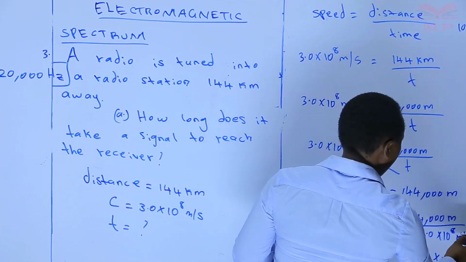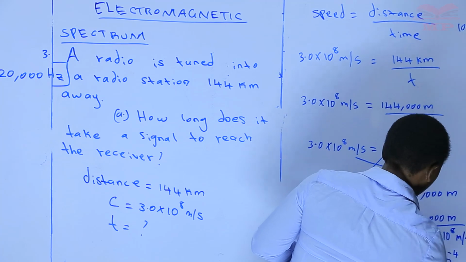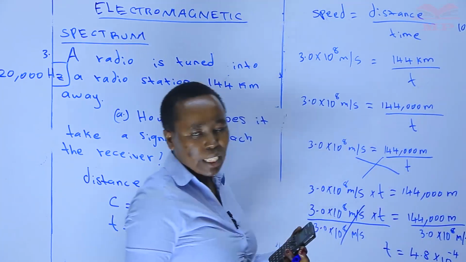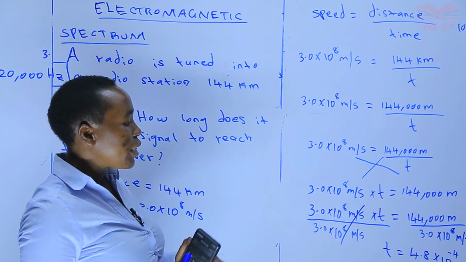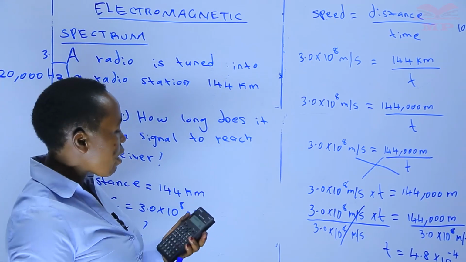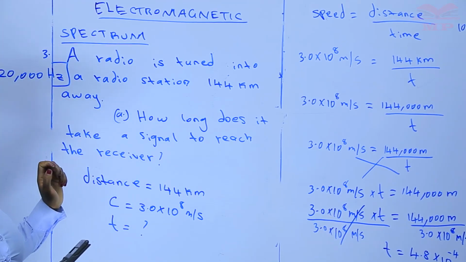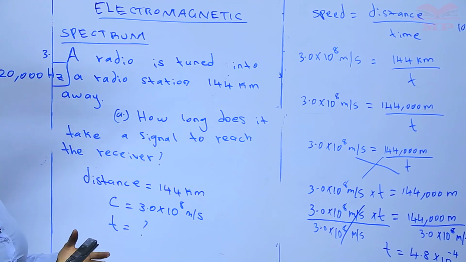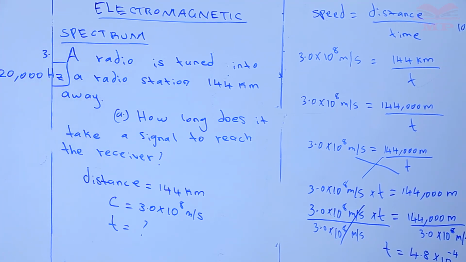This is time, and the meters is going to cancel, so we have seconds. It takes a very short time: 4.8 times 10 power negative 4 seconds. That is for the signal to get to the receiver from a radio station which is 144 kilometers away. So that's what we have as the time that will be taken.